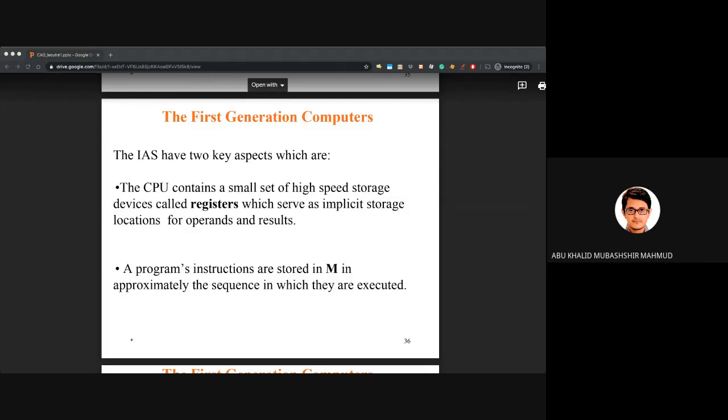Operands are the things that we use with operators. The second is that a program's instructions are stored in M, the main memory, in approximately the sequence in which they are executed.